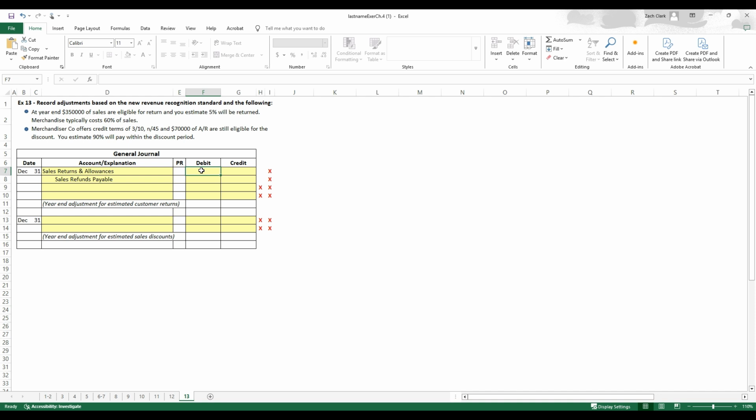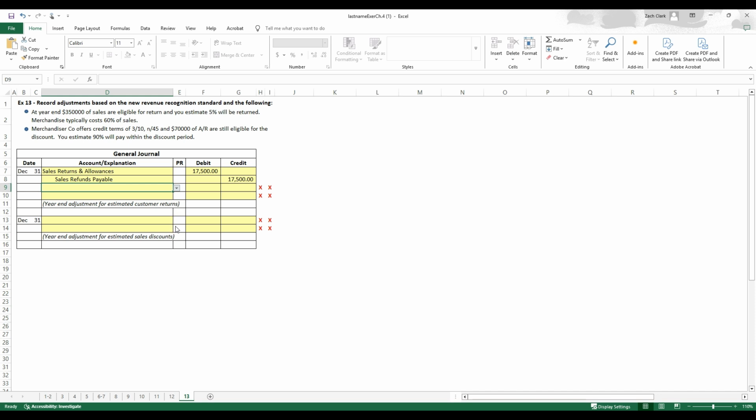It tells us that we have $350,000 of sales still eligible for returns, and there's a 5% estimate. We estimate that 5% of that will be returned. So we're increasing our contra revenue sales returns and allowances account, which in turn reduces our net sales overall for the estimate, because we need to estimate what's still going to be returned.